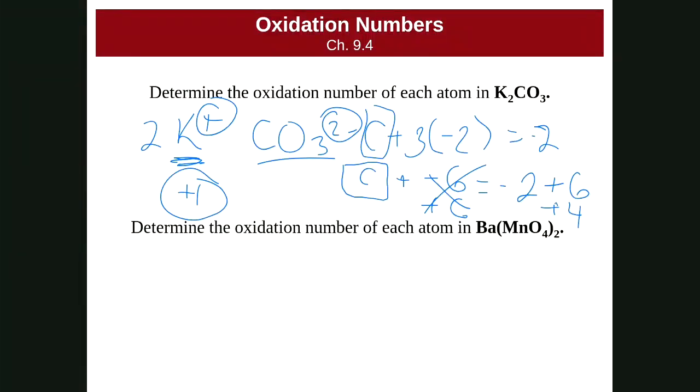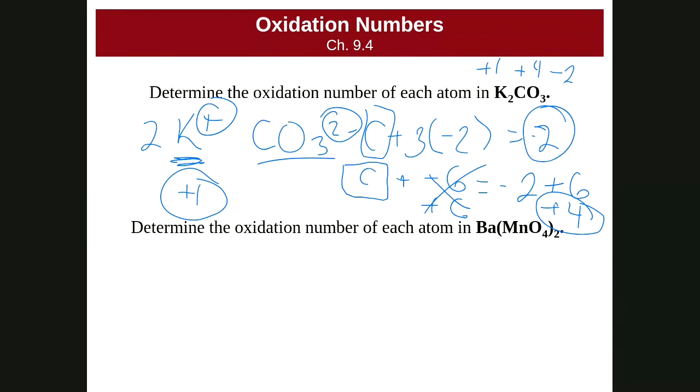So our oxidation numbers are -2, +4, and +1. So potassium is +1, carbon is +4, and oxygen is -2. So we can just double check to make sure that our compound adds up to 0. We used the ion to find out what carbon was, but our compound should add up to 0.